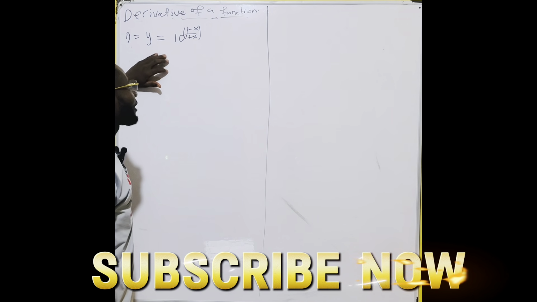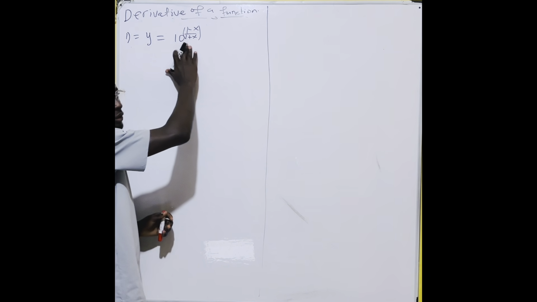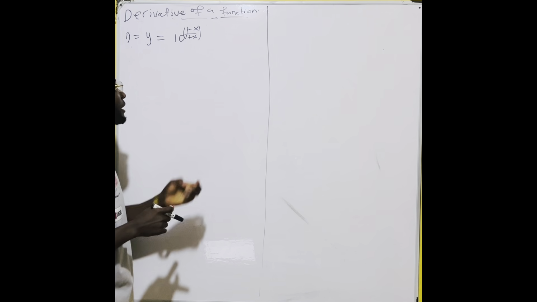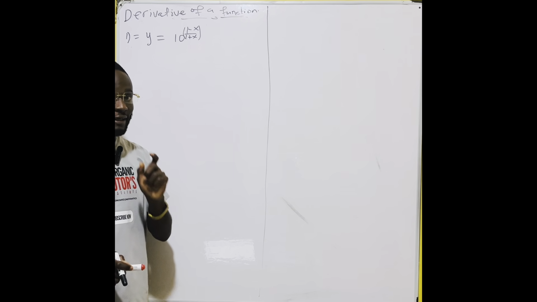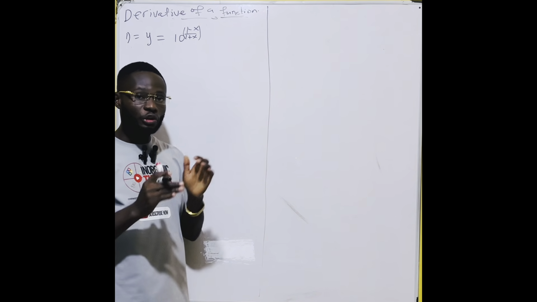Okay, so this is our first problem, right? We want to find the derivative of this particular problem on the board. We cannot differentiate it directly, right? So we have to apply the natural log to both sides.